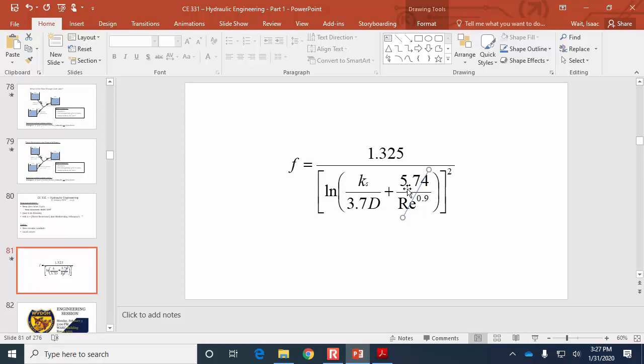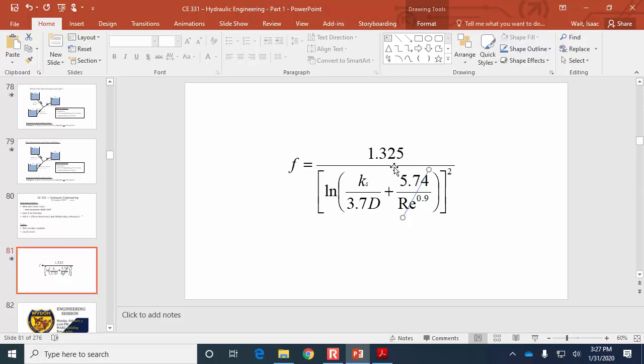So the fully turbulent flow assumption that I talk about in the homework assignment is to assume we've got a really big velocity, so that in the first iteration you can get a guess for the F value just by using the Swamee-Jain equation, where F is 1.325 divided by the logarithm of K sub S divided by 3.7D, and that last quantity squared.